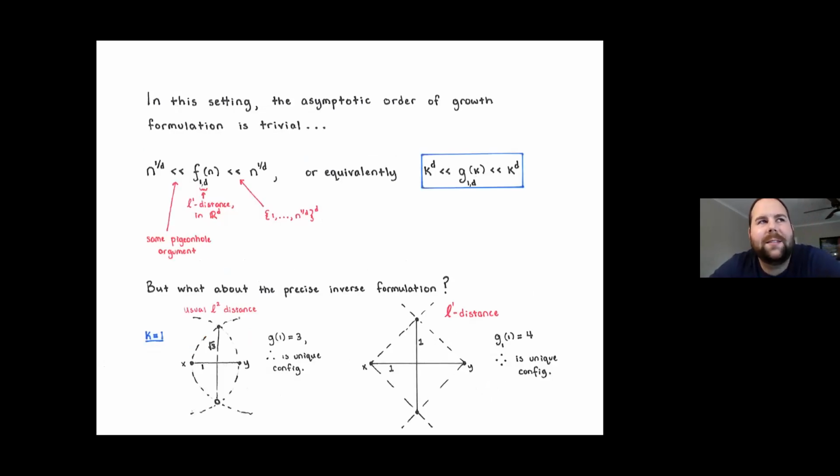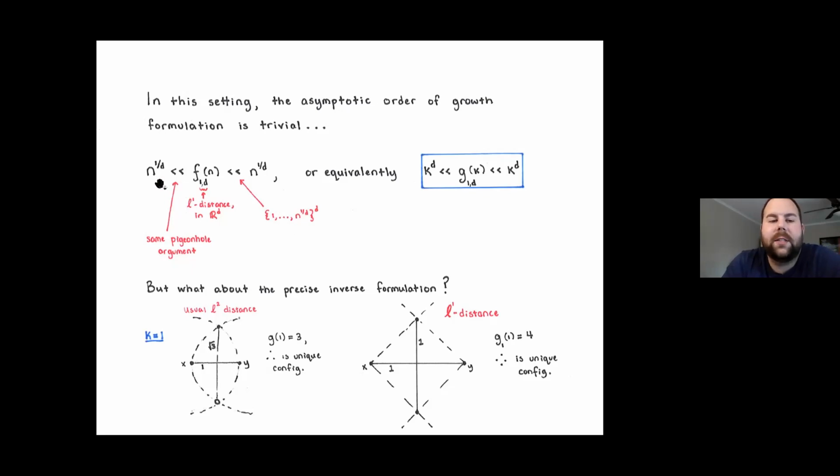Because the norm is flat, and because it respects the integer lattice, by which I mean L1 distances between integer lattice points aren't just square roots of integers, they are integers. So when you look at an integer grid in d dimensions, all of those distances between those points are integers bounded by d times n to the 1 over d.